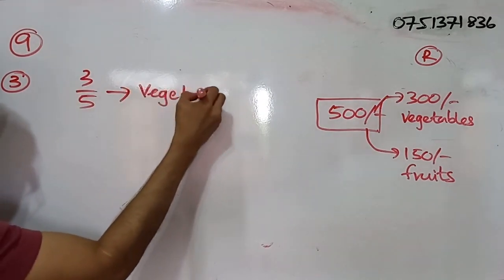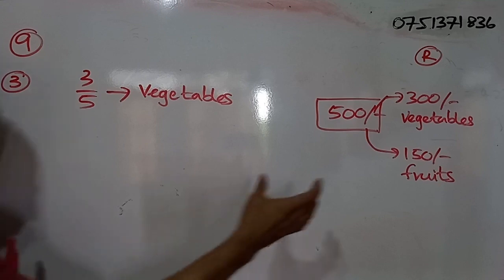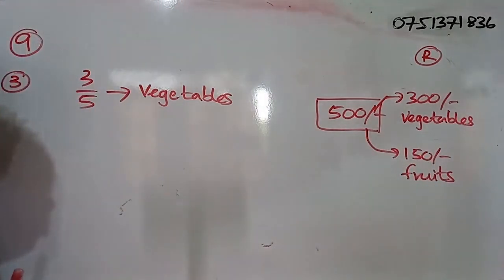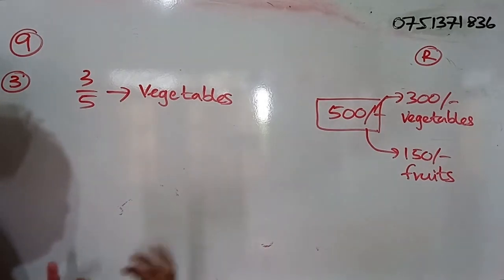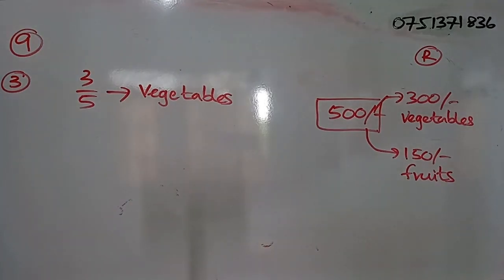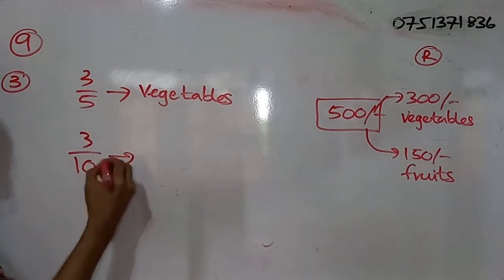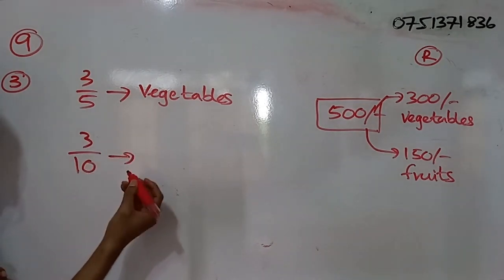For vegetables. We know 150 rupees she spent for what? Fruits. Right? And we converted that amount into what? That amount also into a fraction. So that will be what? 3 by 10. 3 by 10.